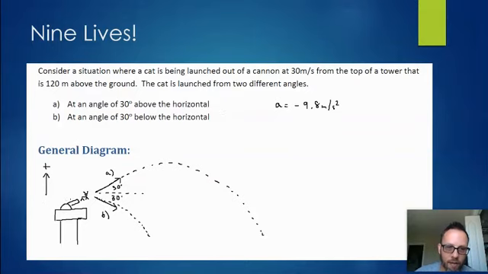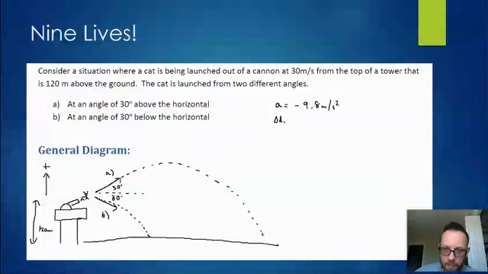In each of these cases, the cat's going to be going from the top of the tower to the ground, and that is 120 meters high. So our displacement vertically in each of these problems will be negative 120 meters.